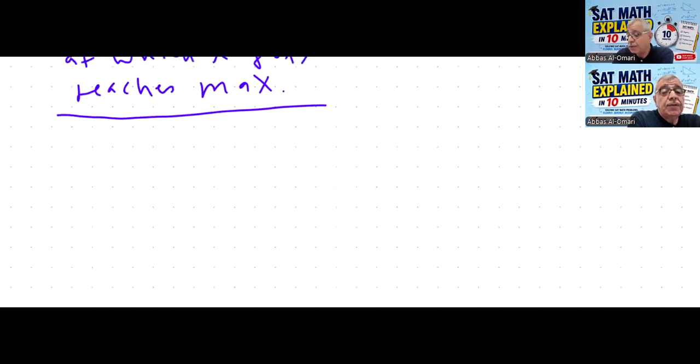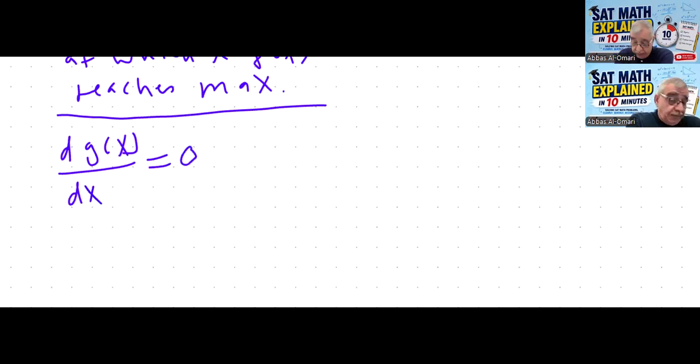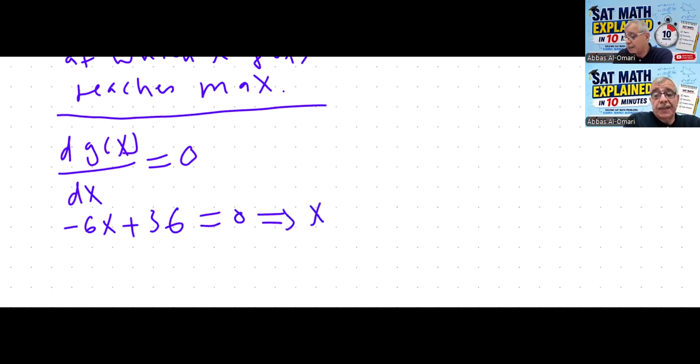So dg/dx equals 0. Now we know g of x, so the derivative is minus 6x plus 36 equals 0. So from this equation, we get x equal to 6.